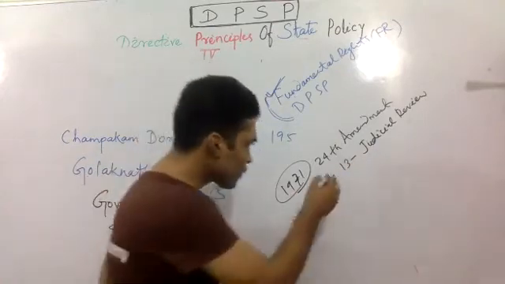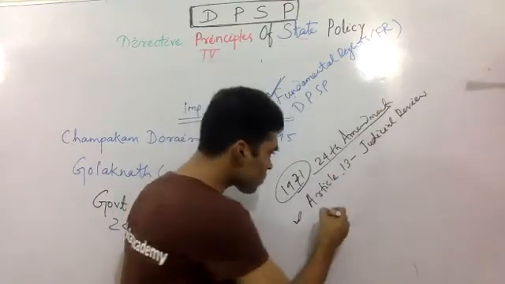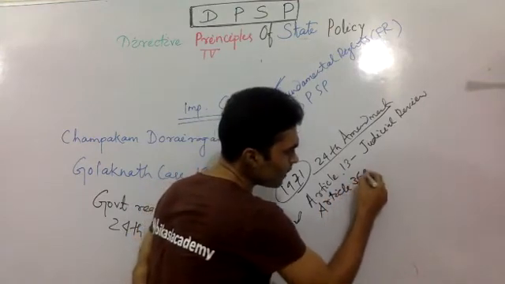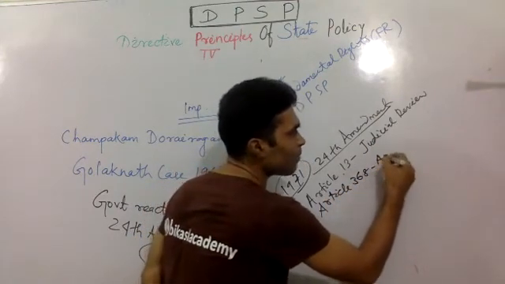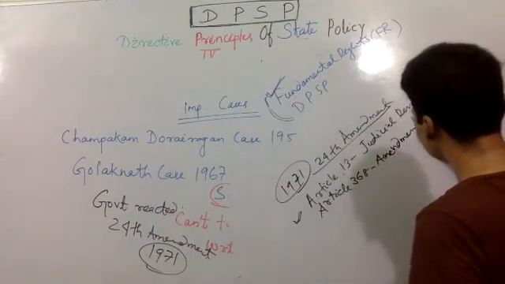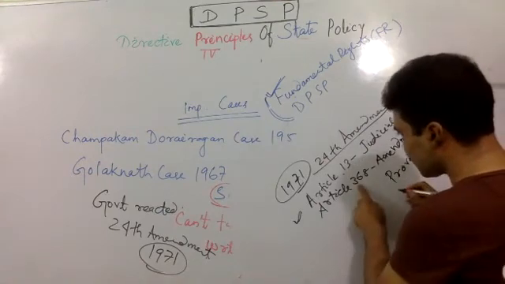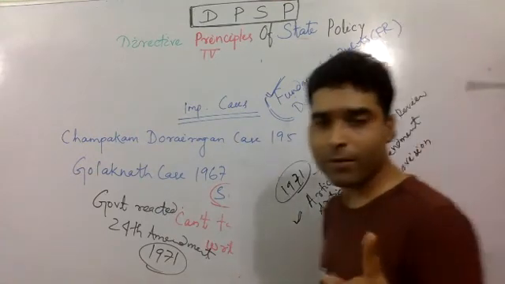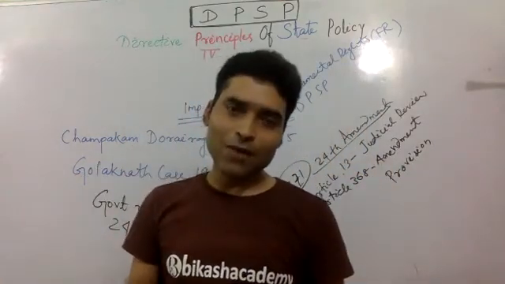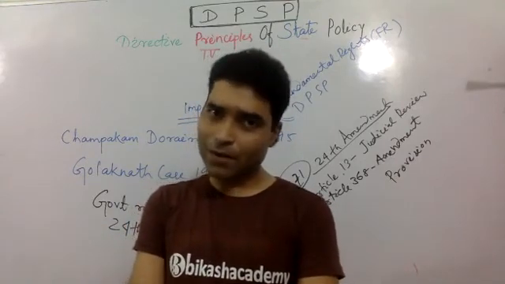So this was amended under this Constitutional Amendment Act, and also Article 368 was amended. It is the amendment procedure or provision. Under Article 368 of the Indian Constitution, there is a provision for amendment, so it was also amended. That means the Supreme Court now became less powerful with respect to Parliament.